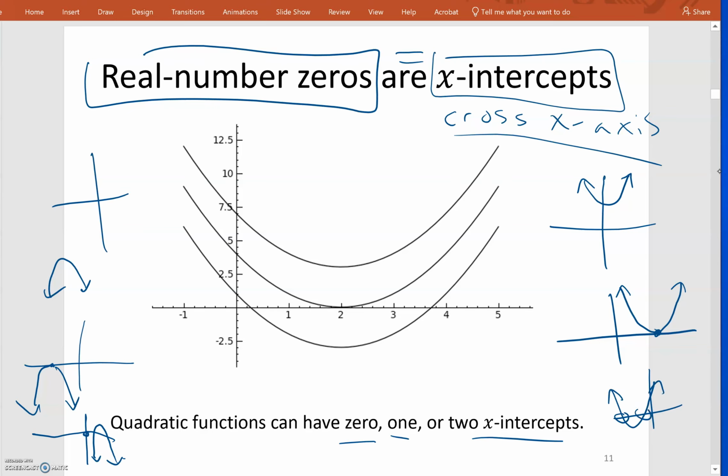So there's a 0, there's a 0. Two places where you cross the x-axis. And that's it. Those are your only options: 0, 1, or 2, because just think about it geometrically, there's no way for a quadratic to have more than 2.